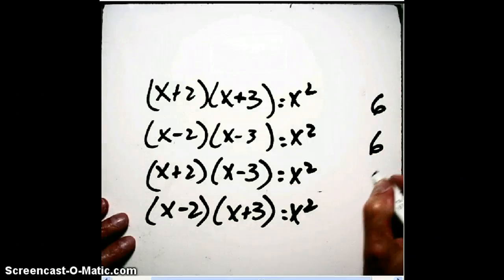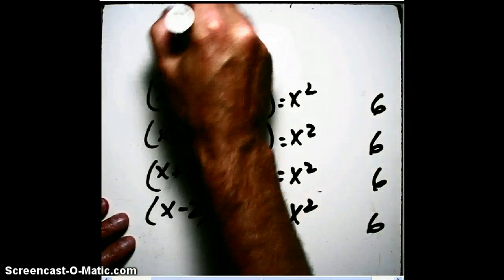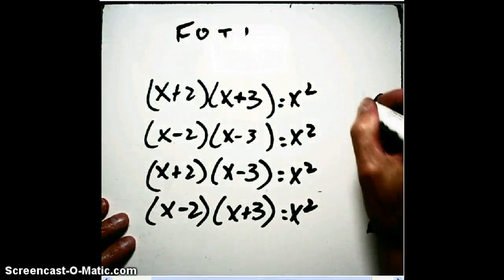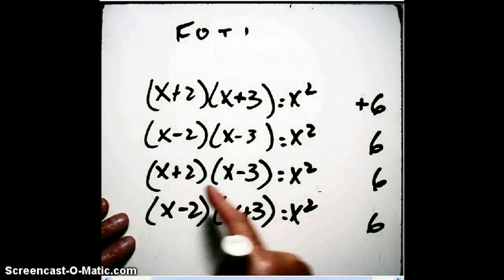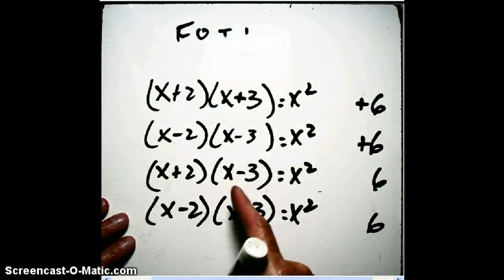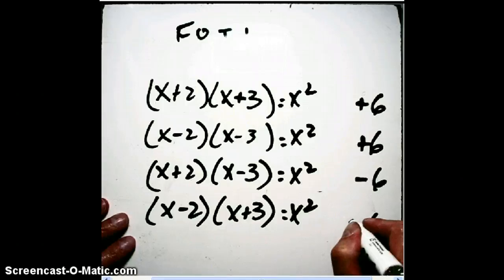The last is the last times the last. Negative 2 times negative 3 is a plus 6. A positive times a negative is a negative. A negative times a positive is a negative.